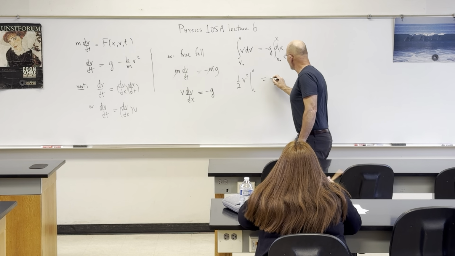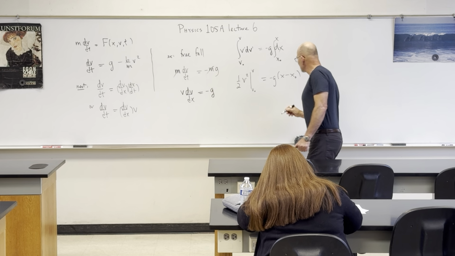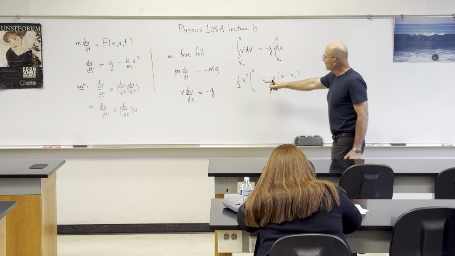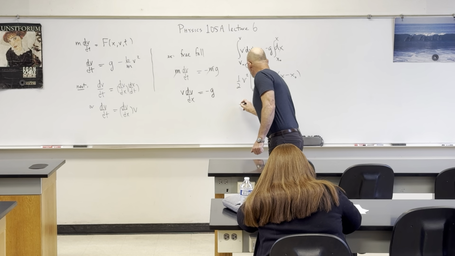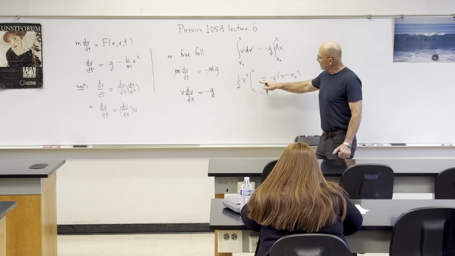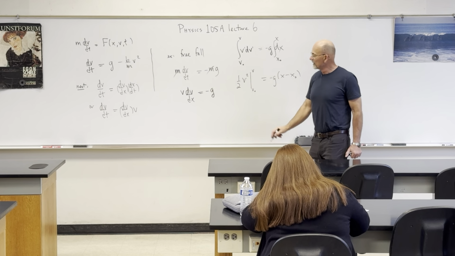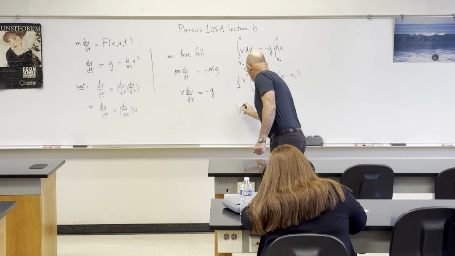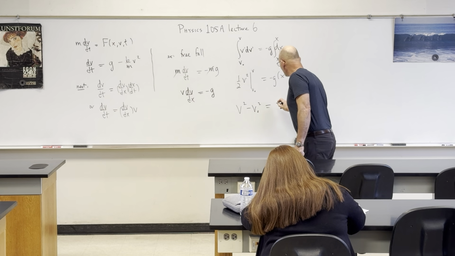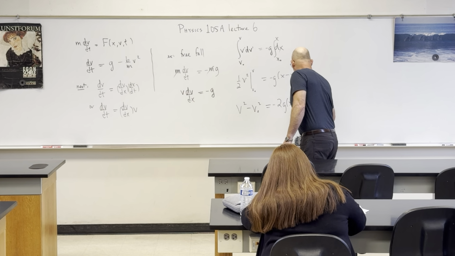And the right side, x minus x naught. Well, I already did the integral there. Okay. So this next step will show you something familiar. I'm going to multiply the 2 over to the right, and you'll see how I'll have v squared minus v naught squared. So on the left side, I have v squared minus v naught squared, and on the right side, I have minus 2g times x minus x naught.